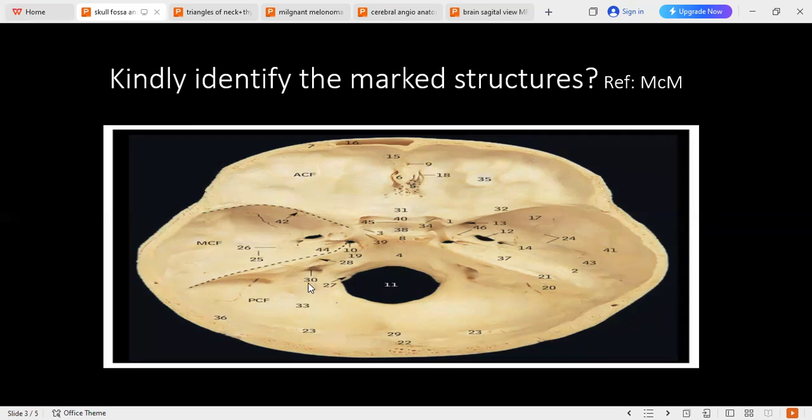Please identify the last structure, 30. Jugular foramen. All right.